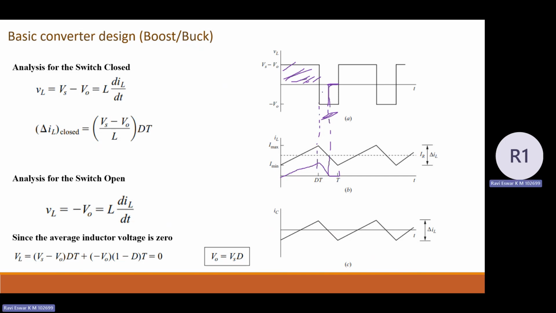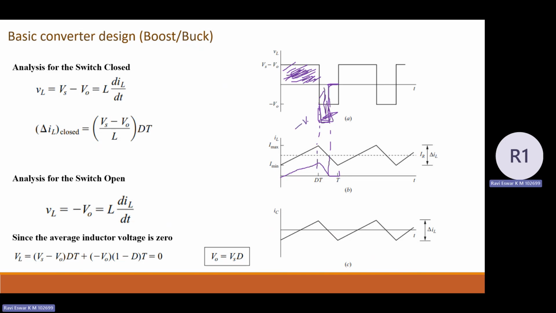If in continuous conduction mode this area is equal to this area, then as I am reducing the area, definitely this area is not equal to this area. So to make the areas equal, you need to increase the magnitude in the vertical direction. Magnitude definitely you need to increase to make this area equal to this area.